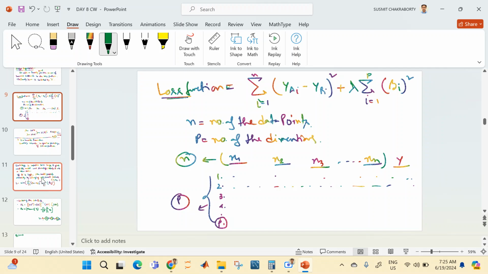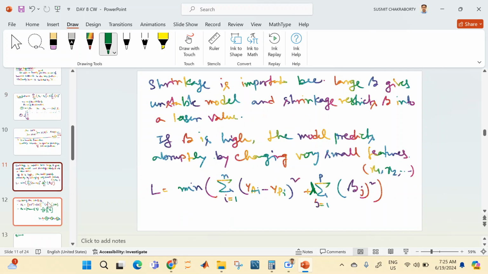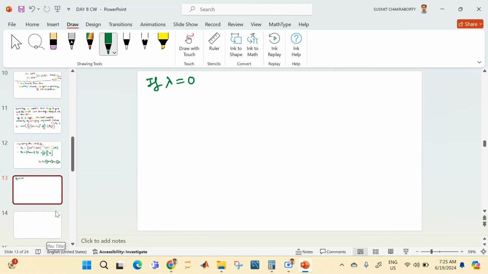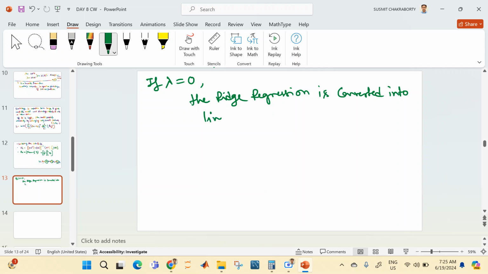By mistake I forgot to write it here. Just write it. So if lambda equals 0, the ridge regression is converted into linear regression.